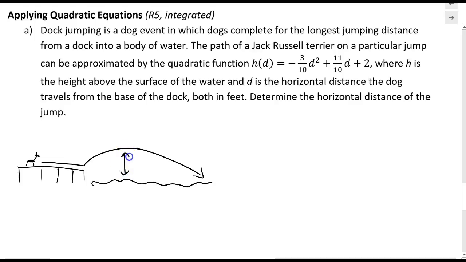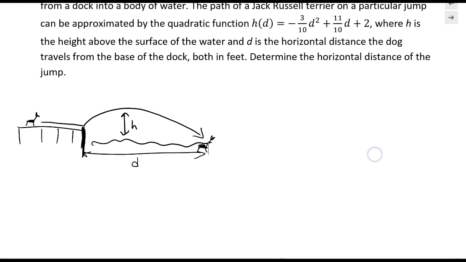So h is this, and d is this, just from the end of the dock here to where he hits the water. So that horizontal distance is like my x value, and so I'm going to have to solve for x, right?